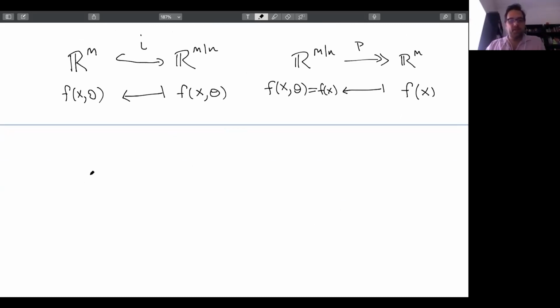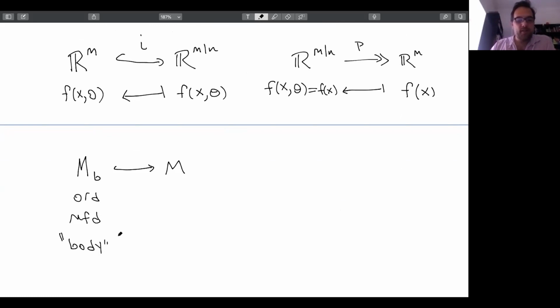So this one can be globalized. So every supermanifold has an underlying manifold that's included into it. This is an ordinary manifold, which we call the body. And this is our supermanifold. But this construction and this inclusion map is canonical. It's canonically associated to just the data of a supermanifold.